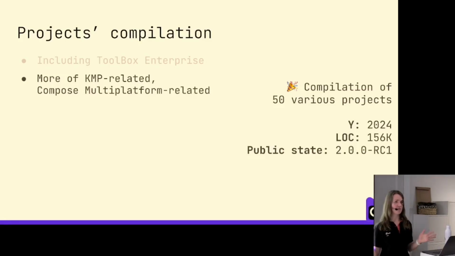And if you ever tried to report a compiler issue, has anyone tried? You're our hero. So, of course, when you are trying to report a compiler issue, you have some code which breaks your project.